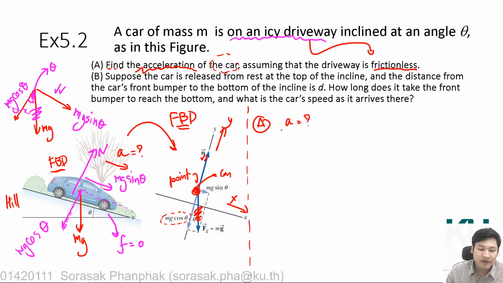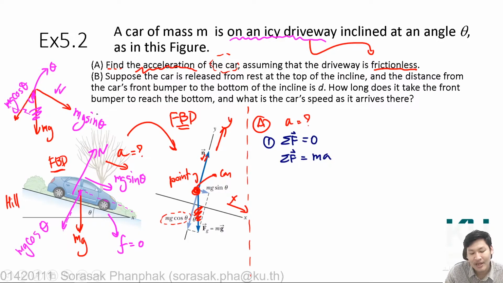For this case, you will apply the knowledge of the laws of motion, or Newton's laws. So the first one, if it's in an equilibrium state, sigma F equals 0. This is the first law of Newton. And the second one is sigma F equals ma.